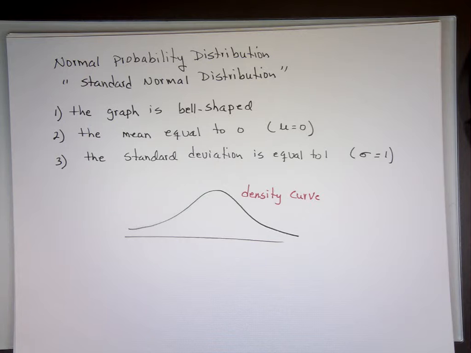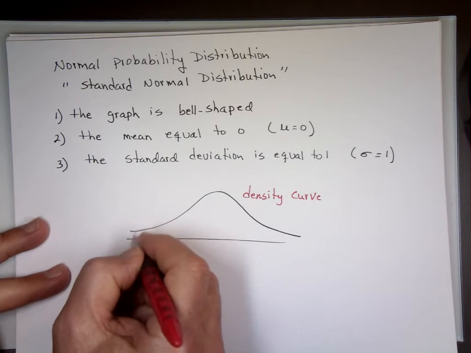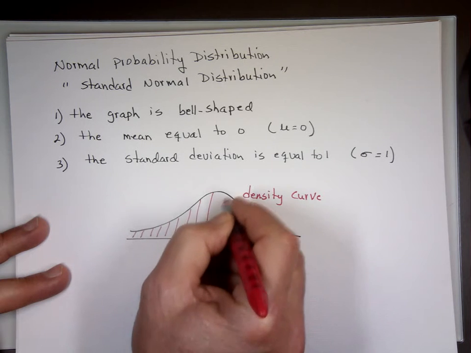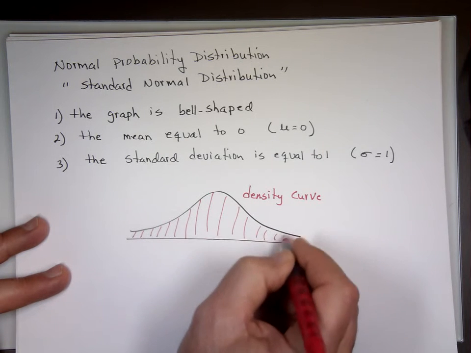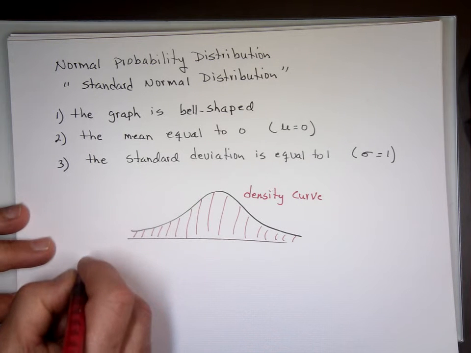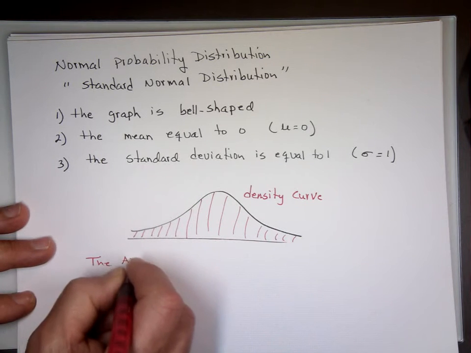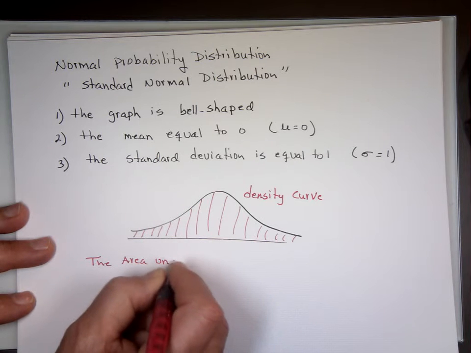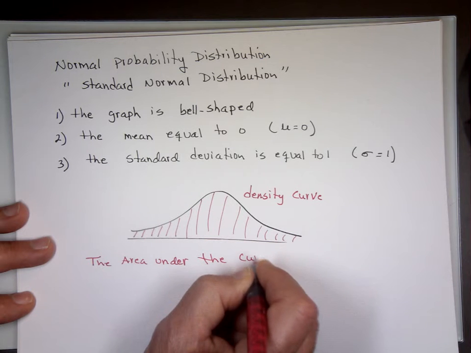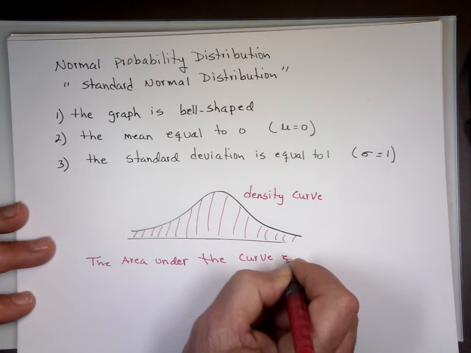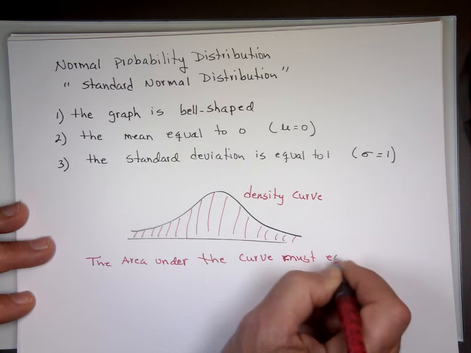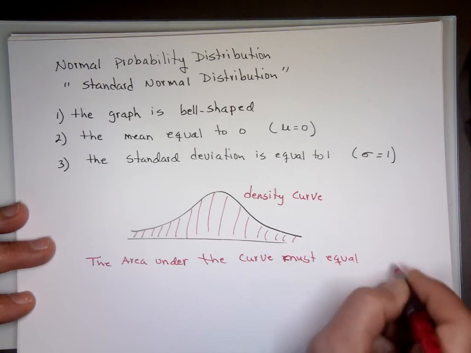If you take the area under that from negative infinity to infinity, if you calculate the entire area under that, to be a valid one, it has to equal what? So the area under that, anyone? Has to be 1. Must equal 1.